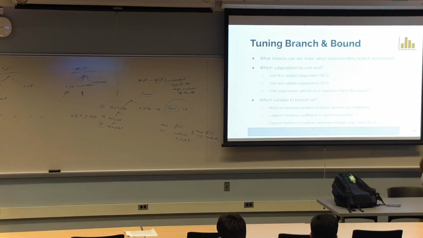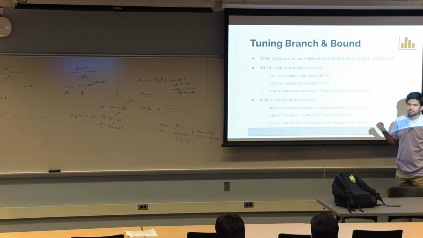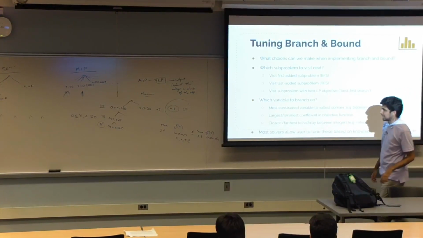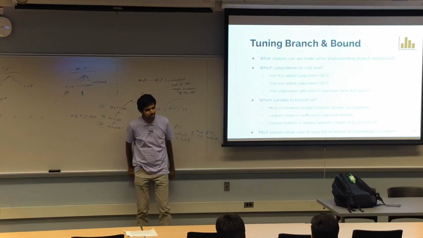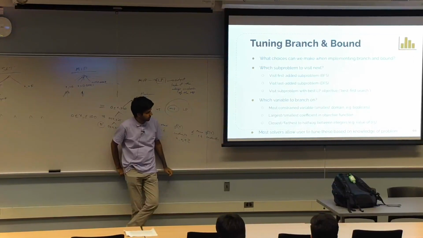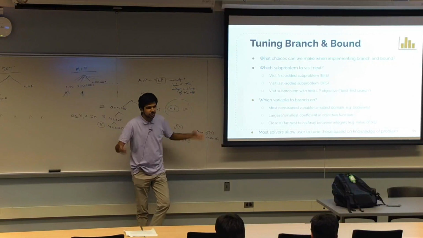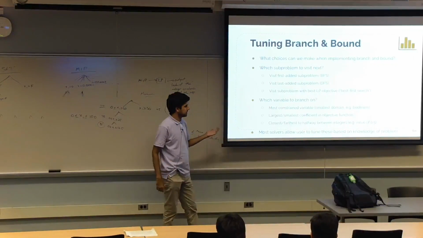This could be done a number of different ways. Maybe you do the most constrained variable, or base it off the objective function. All of these different things can be done. The point is that a lot of solvers are aware of these decisions and allow users to choose what they want to do based off the problem, because truthfully, there is no best answer. You can do whatever you want. It just depends on the problem.